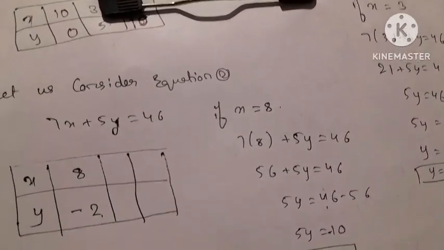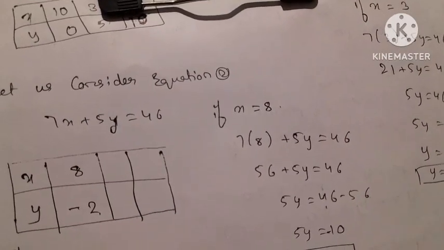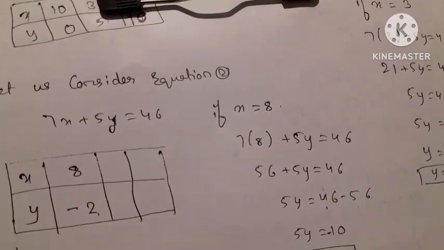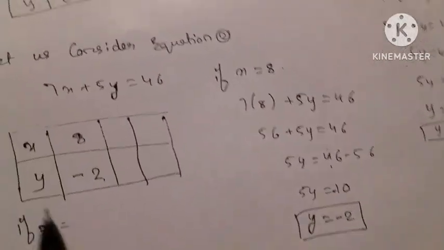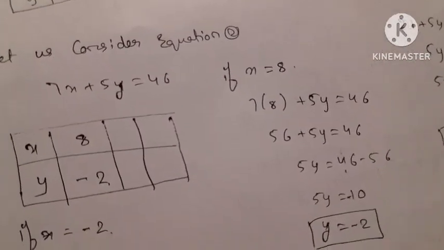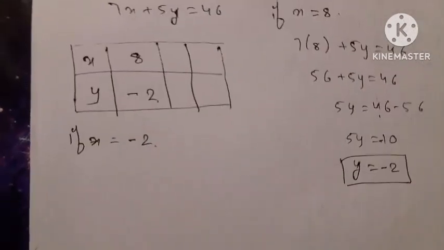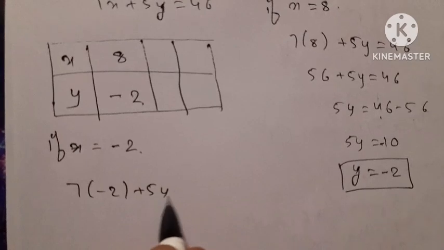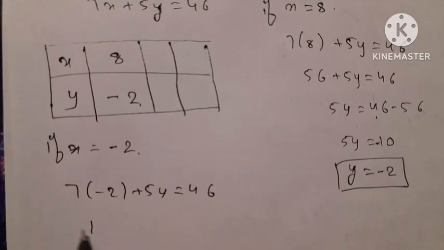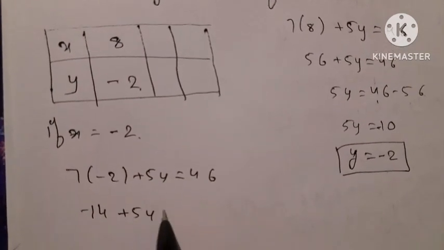One more value we need. If x is equal to minus 2, let's see what value we get. So 7 into minus 2 plus 5y equal to 46, minus 14 plus 5y equal to 46.